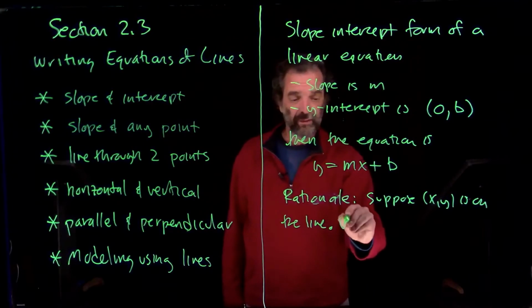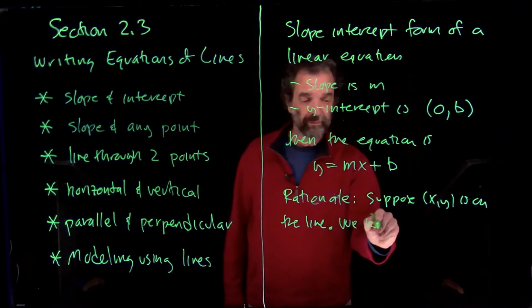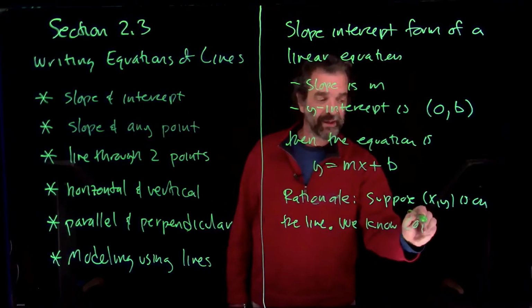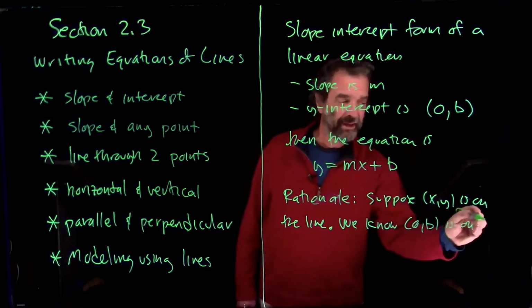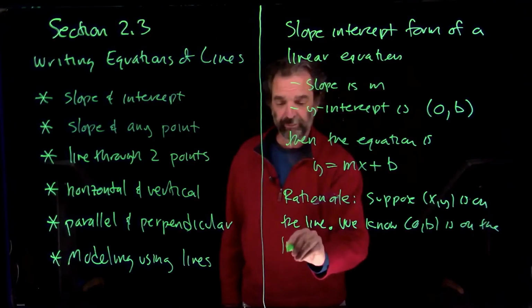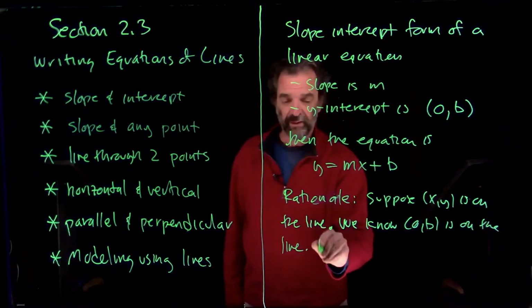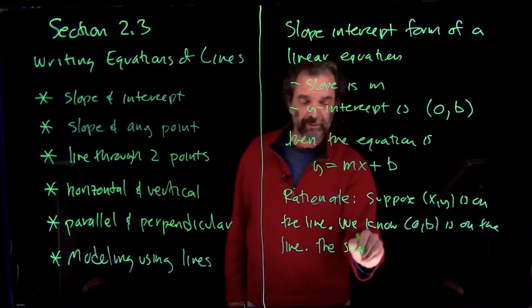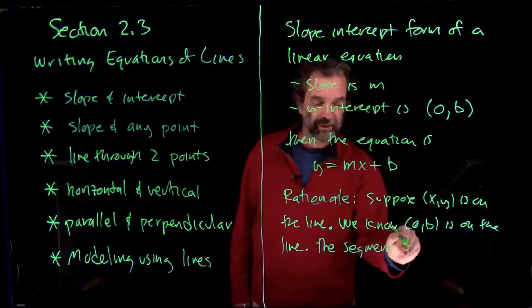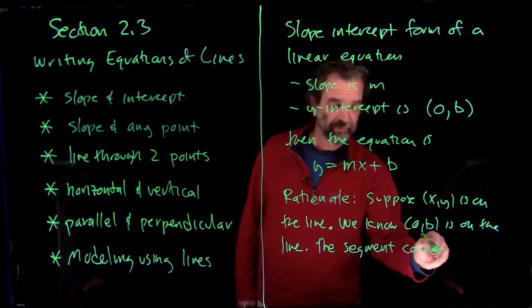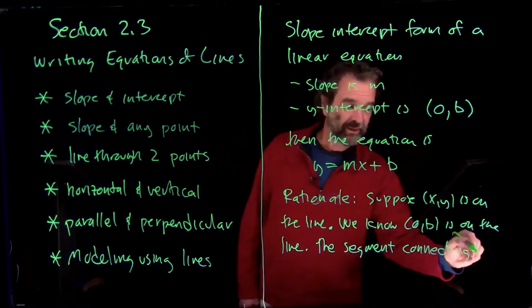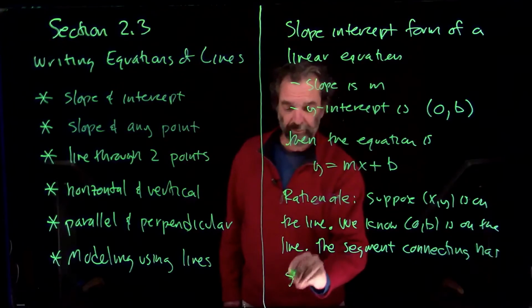We know (0, b) is on the line. The segment connecting them has slope m.